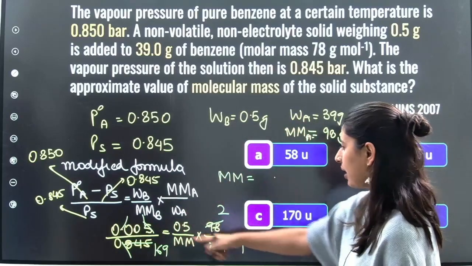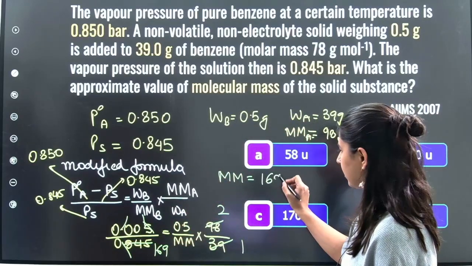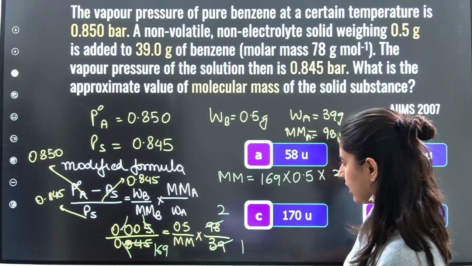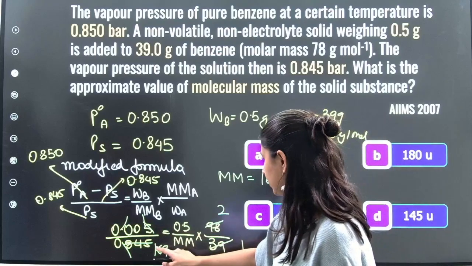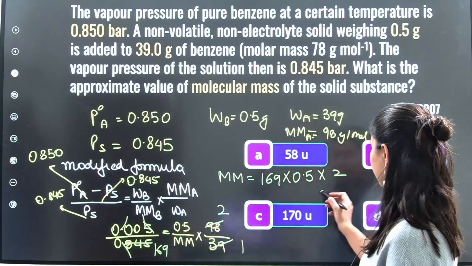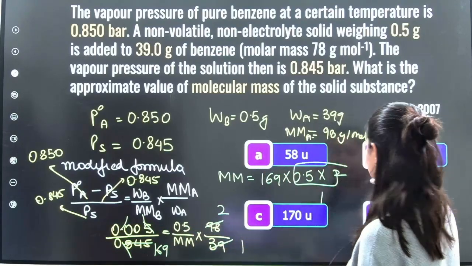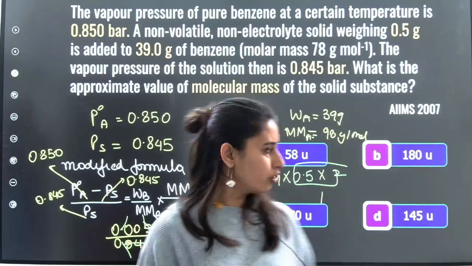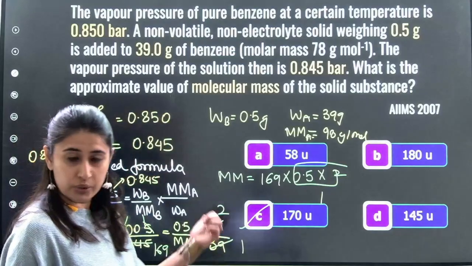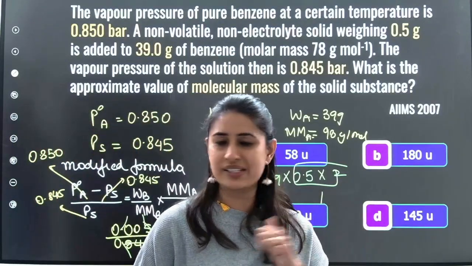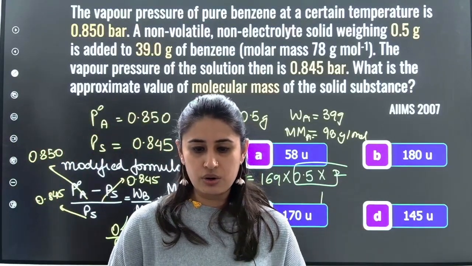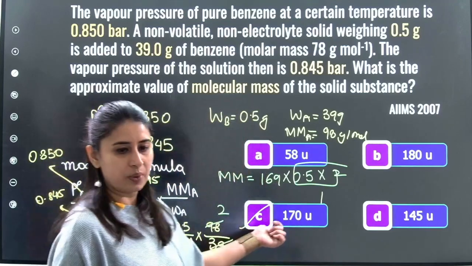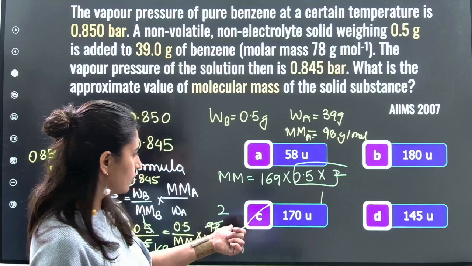Here, 0.5 into 2 into this is equal to 1. So 169, approximately 170, becomes the answer. So we will get the answer as option C, but you can try doing it with the normal method. You will see you'll have a very hard time. The closest answer is 170. So C becomes the answer to this question.